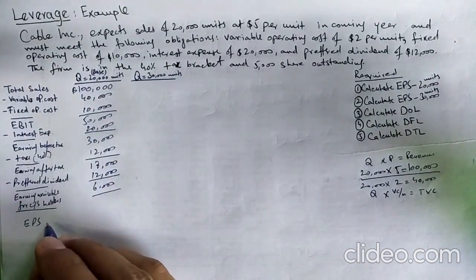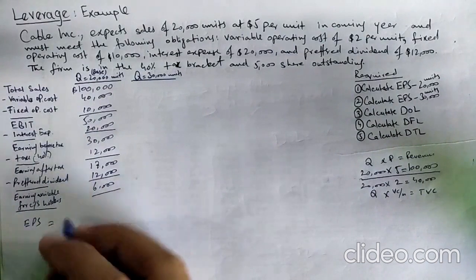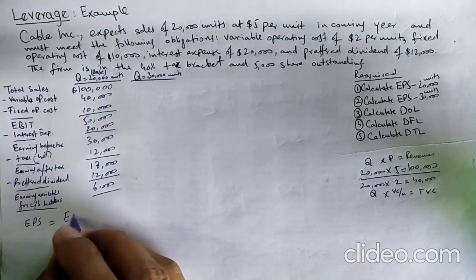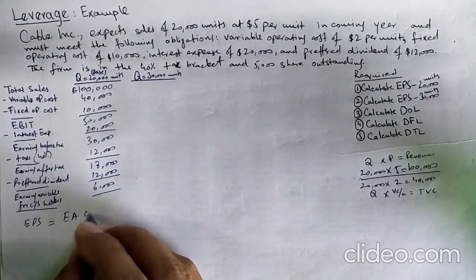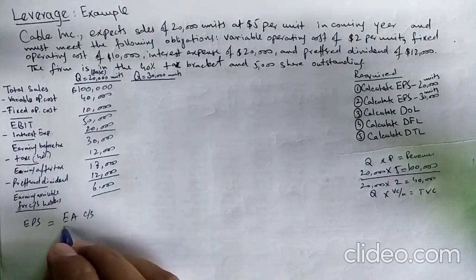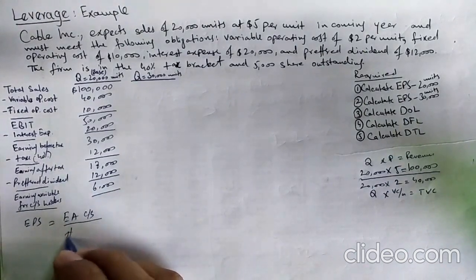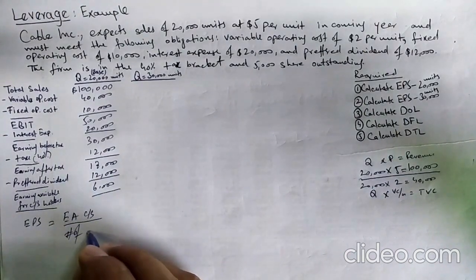Now we can calculate EPS, and the formula of EPS is earnings available for common shareholders divided by the number of outstanding shares.